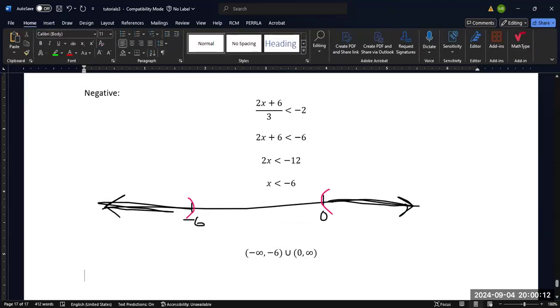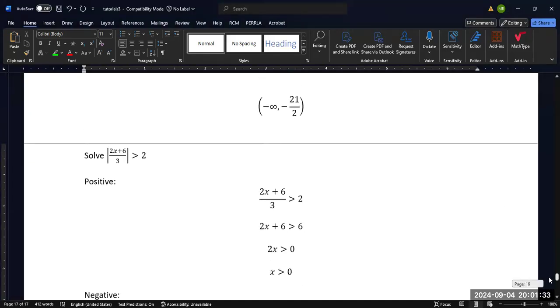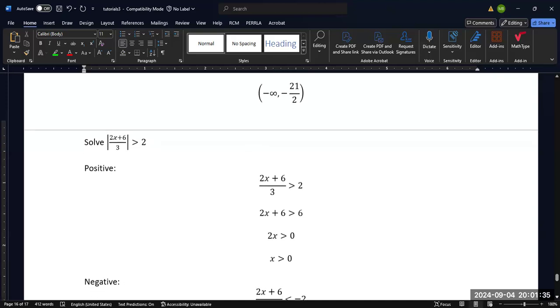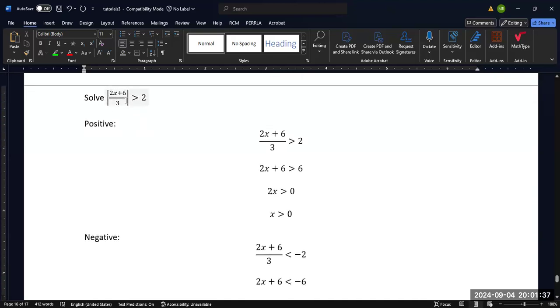Now we can go and graph this, take a picture of the original equations and see that this is in fact going to be correct. If we go back to our original problem, our absolute value as the left side, y equals, that's one problem.